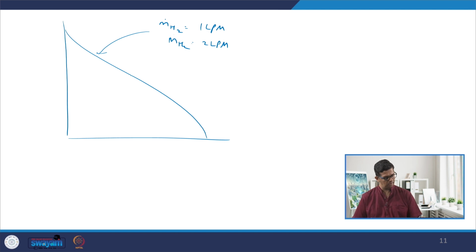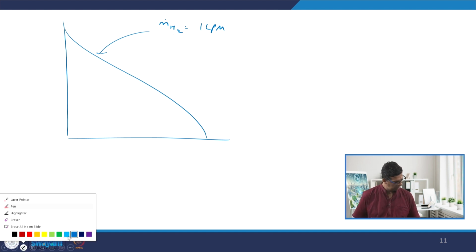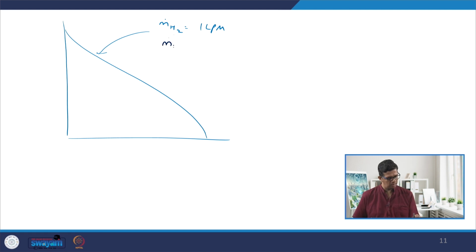So, let me use different colors. Let us say for 2 lpm, the characteristic curve will fairly remain the same. So, let me overwrite this.